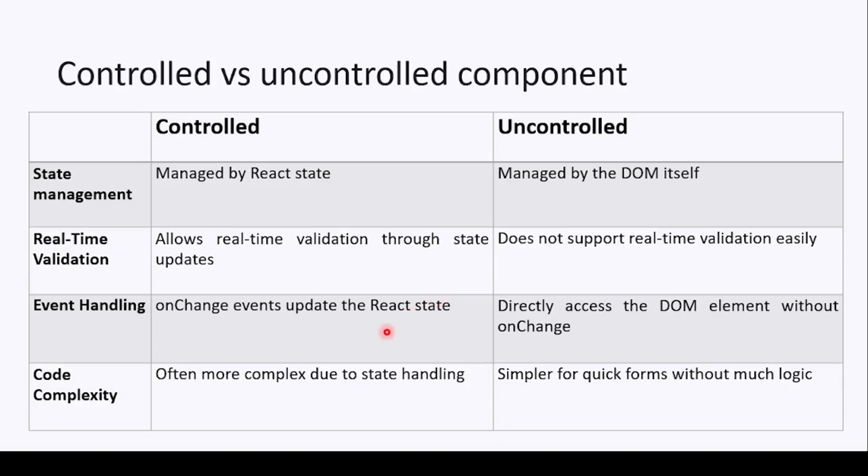When we have controlled components, we utilize event handling, and the onChange event updates the React state, while in an uncontrolled component, it directly accesses the DOM element without using any event handler.